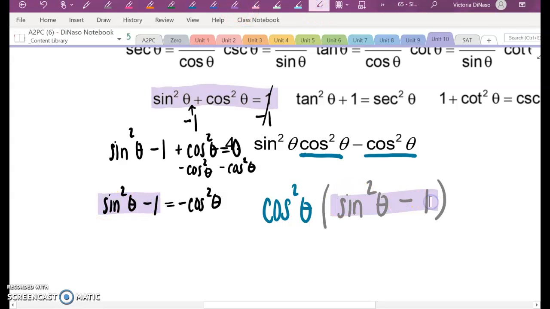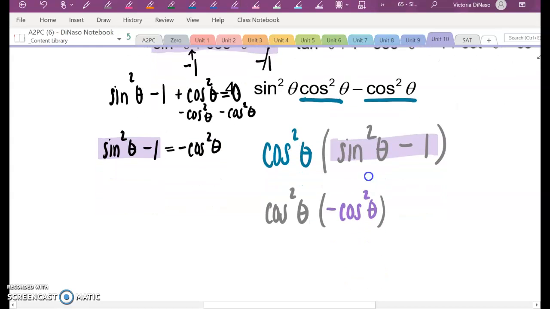This is right here. So I'm going to replace what I have in parentheses with negative cosine squared theta. So I've got this cosine squared theta, and then I'm going to replace that with negative cosine squared theta.